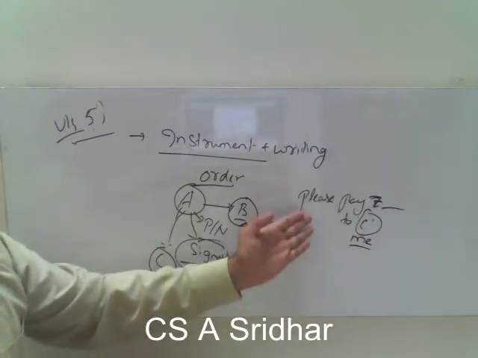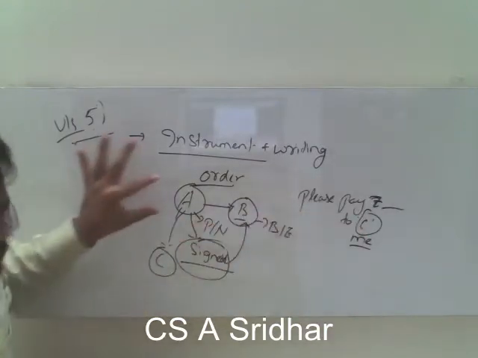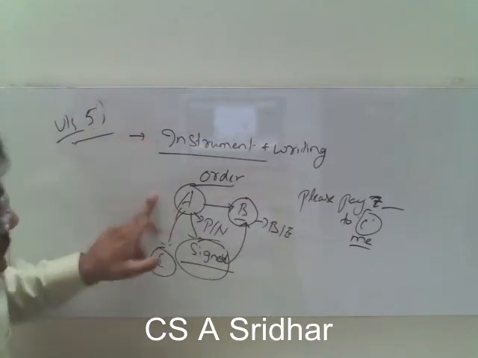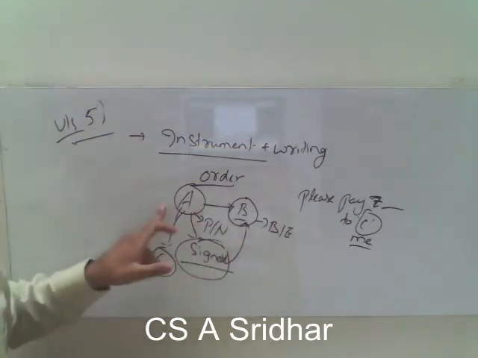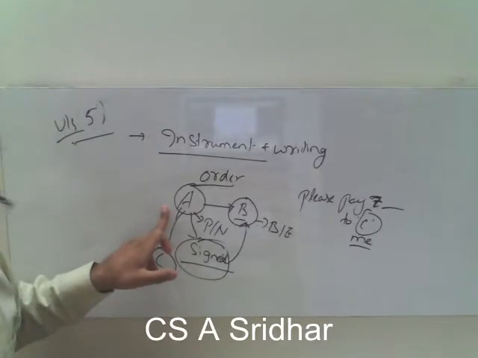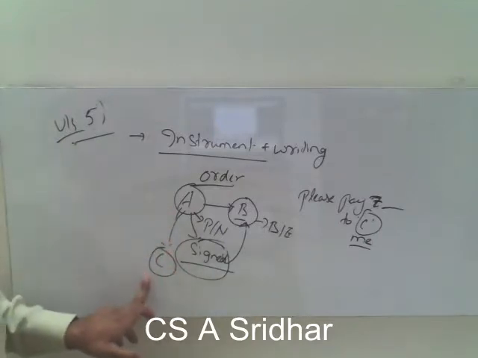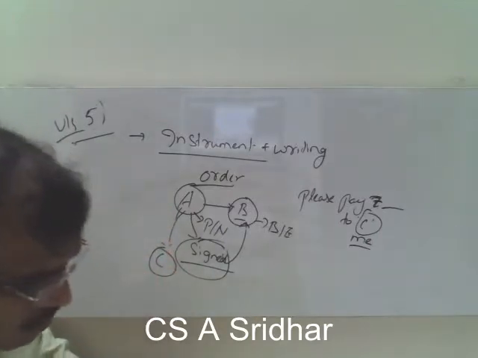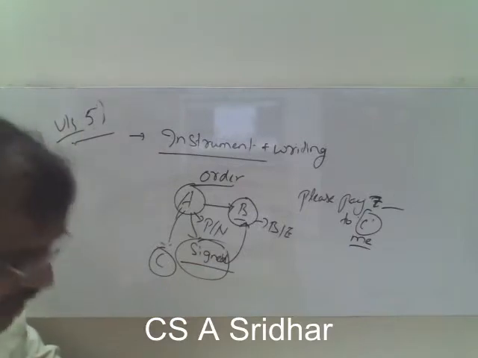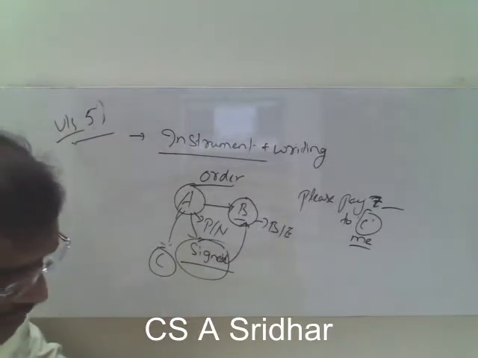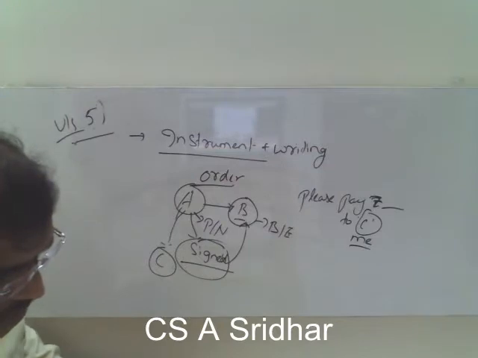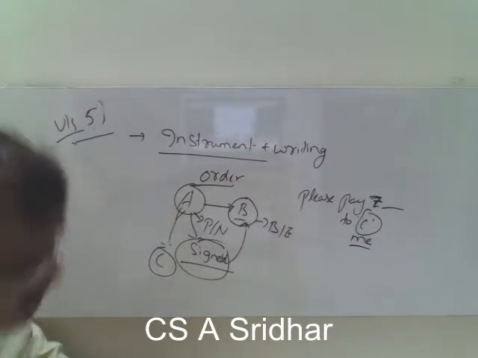So how is he drawing the instrument? A is giving the order to B to make the payment to himself or to make the payment to C. So please see the definition. The bills of exchange is an instrument in writing containing an unconditional order signed by the maker directing a certain person.